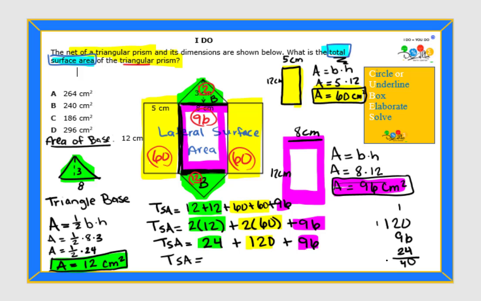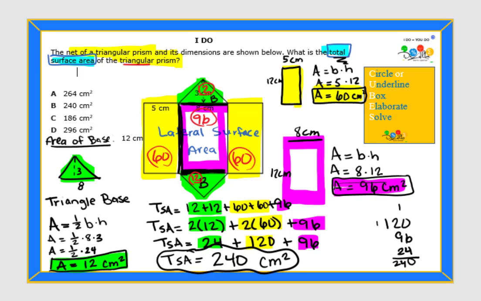We're going to carry 1. And 2. So the total surface area is 240 square centimeters.